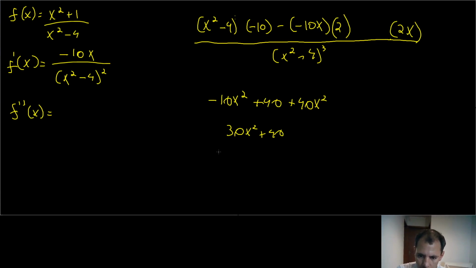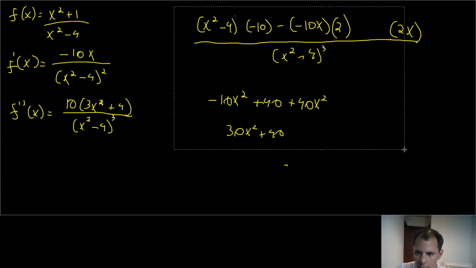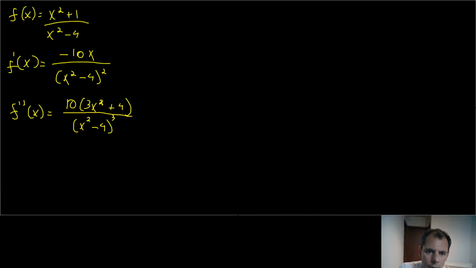Okay, so it's gonna be 10 times 3x squared plus 4 divided by x to the fourth, x squared minus 4 cubed. So we get this, put it here. Erase everything else.